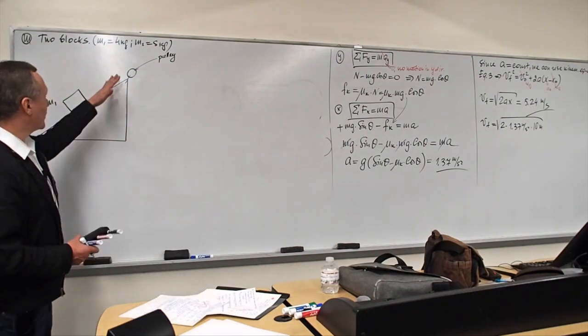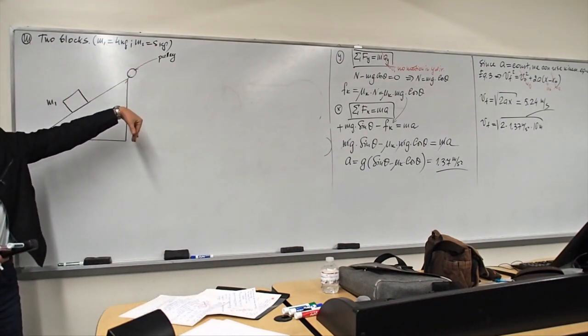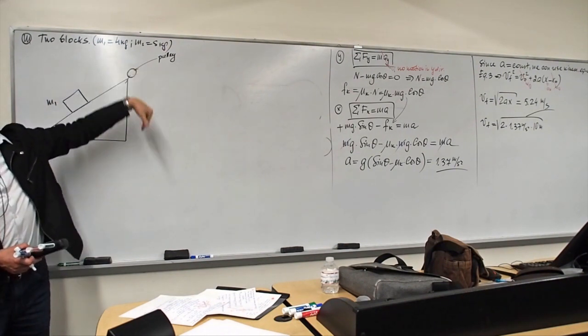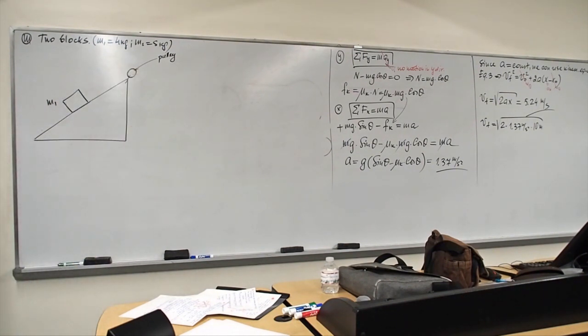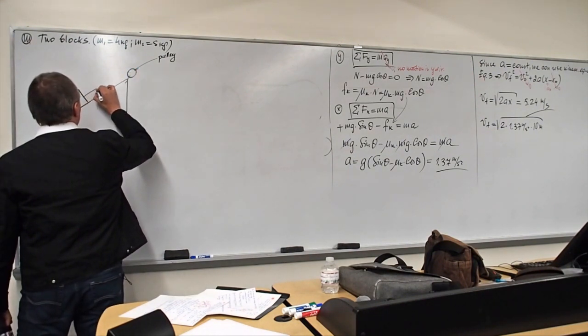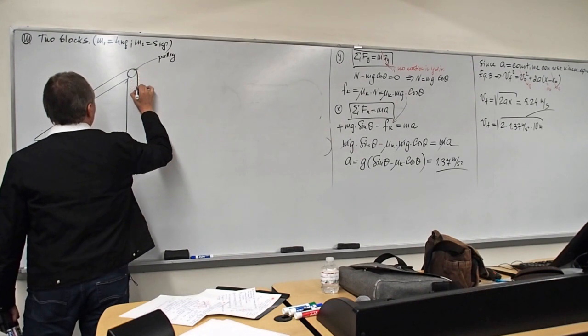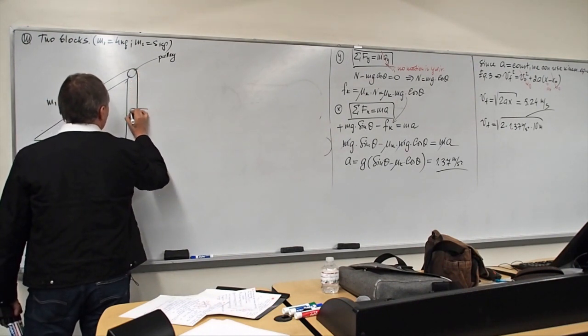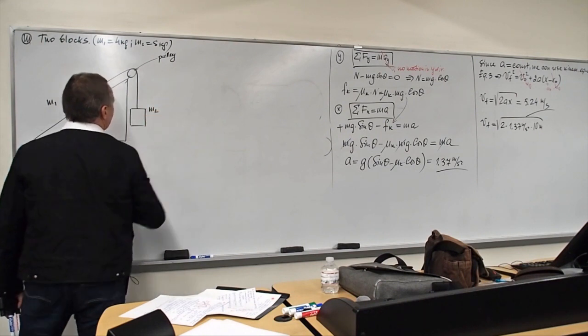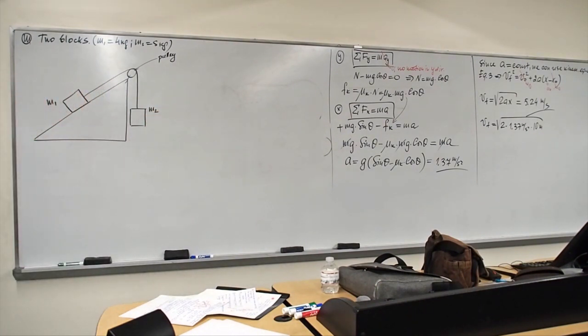Not much, it just redirects the tension, right? The tension will act this way, and then it will be vertical. So this is the cord, and here we have a second object, let's call it M2.